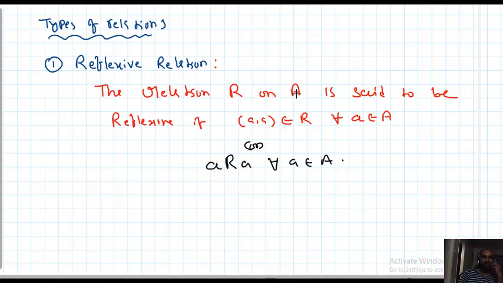The relation R on A is said to be reflexive if a is related to a. Such a relation is called reflexive relation.